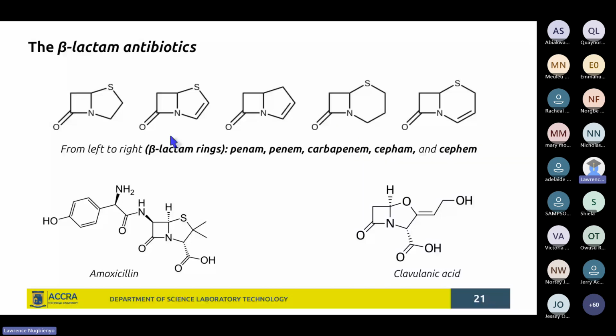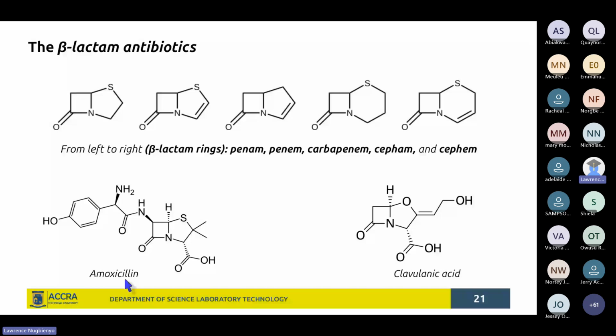So, for instance, a common antibiotic like amoxicillin. What is the ring in there? I think that ring is the first one. It's a penam ring, which is in amoxicillin. And you have this combination of amoxicillin and clavulanic acid.